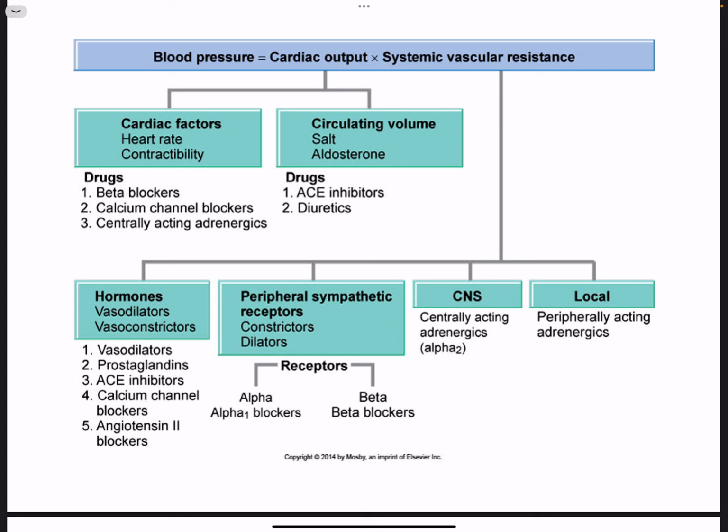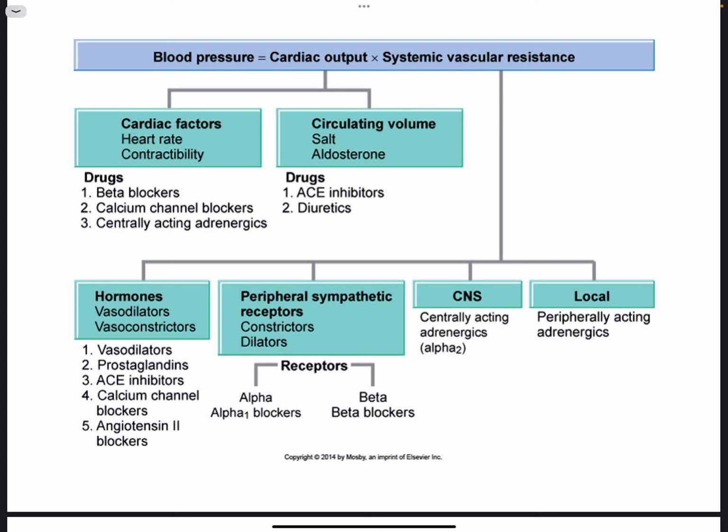You remember from your general pharmacology and physiology. Beta blockers are the drugs that block the beta receptors, beta 1 and beta 2 receptors. Ideally, we want them to block beta 1 receptors.